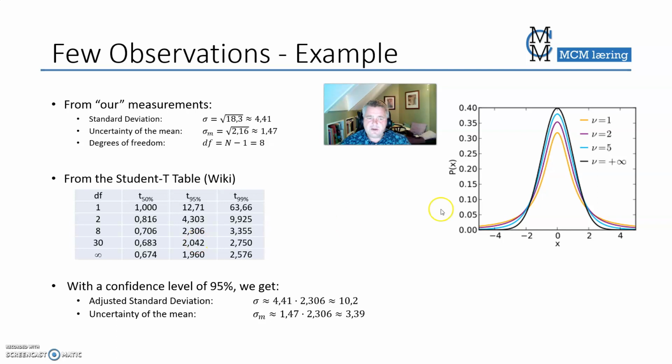If you want 95%, you have to multiply the standard deviation with 2.042. Then we have a confidence level of 95%. We are 95% certain that the number here is within our measurement.